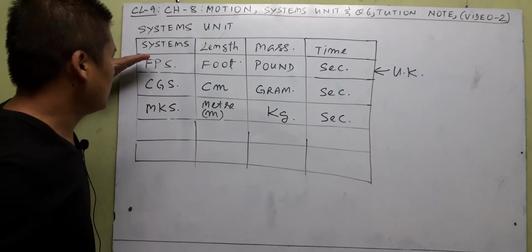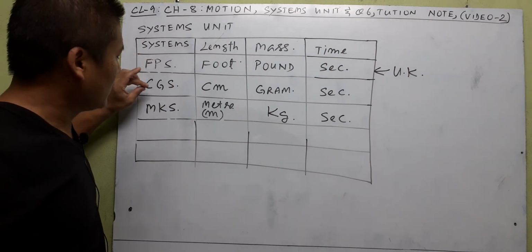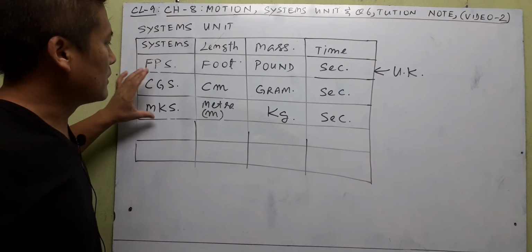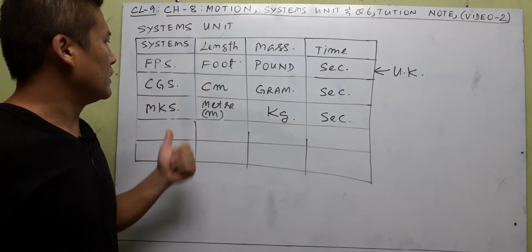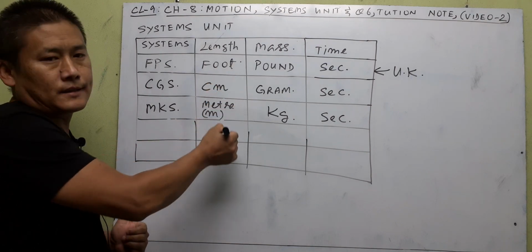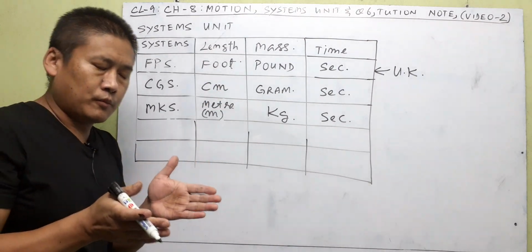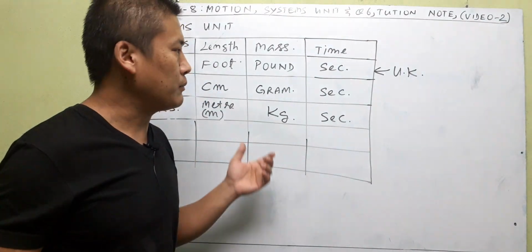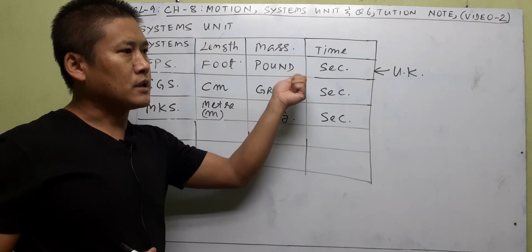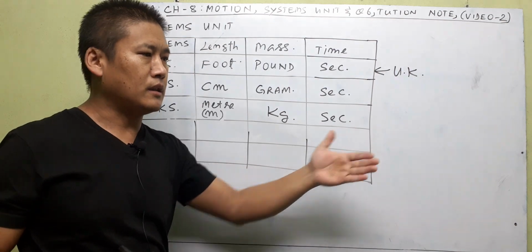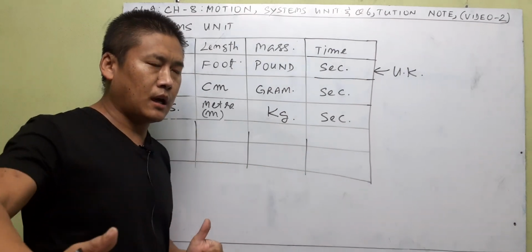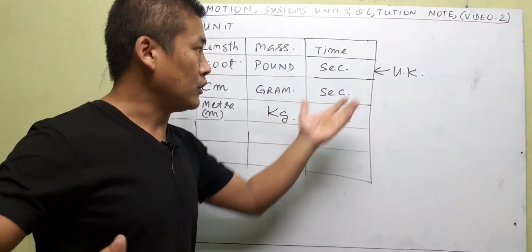So these were the 3 prevalent systems. They were 3 different systems prevalent in the earlier times. But there was a problem with this because they were all different systems. Confusion arose. Why? Because, for example, some study was done in India by a scientist, and then a similar study was done by a scientist in the UK.